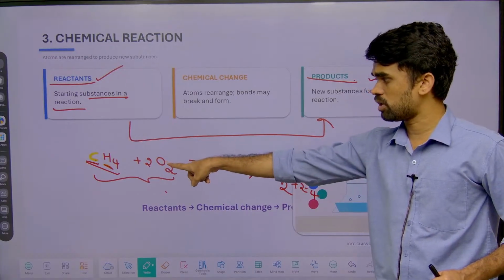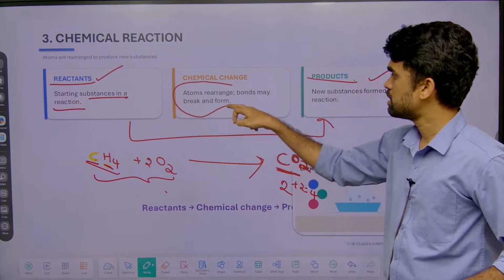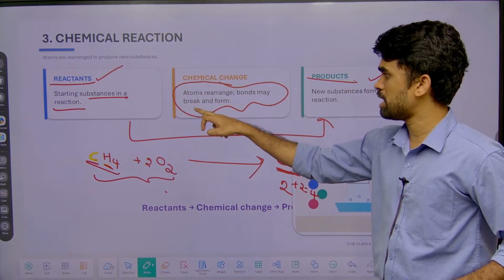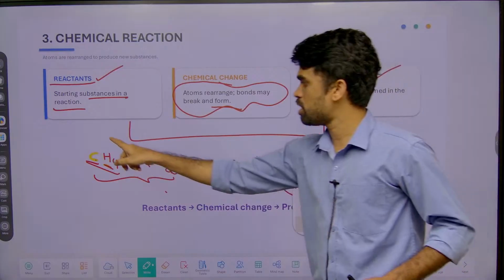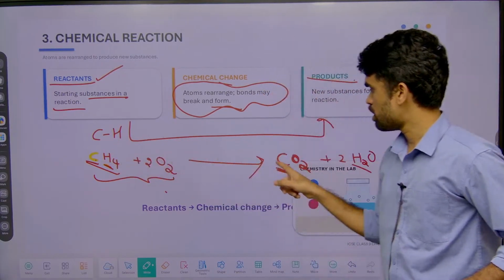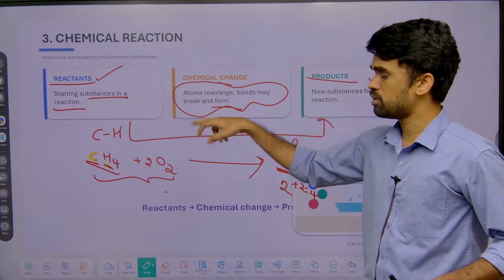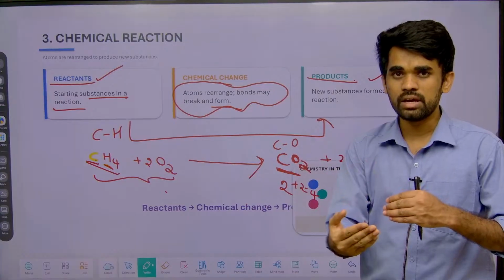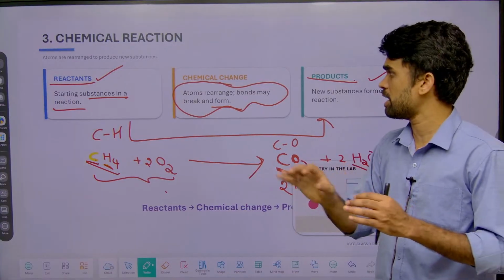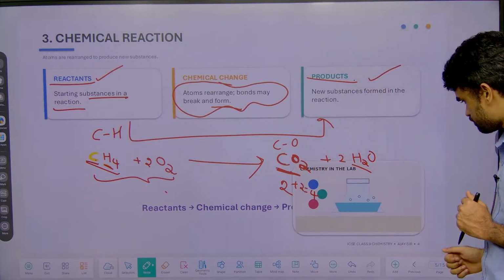Hydrogen combines with oxygen, forming H2O. So atoms get rearranged, bonds may break or new bonds may form. The bond between carbon and hydrogen here got broken and a bond between carbon and oxygen gets formed here. So old bonds get broken and new bonds get formed during a chemical change. I hope up to here it is clear, right?